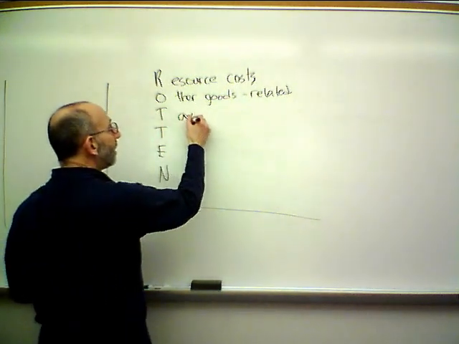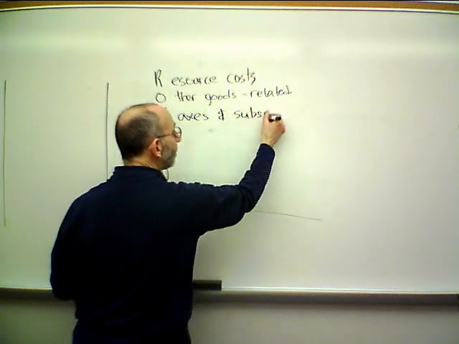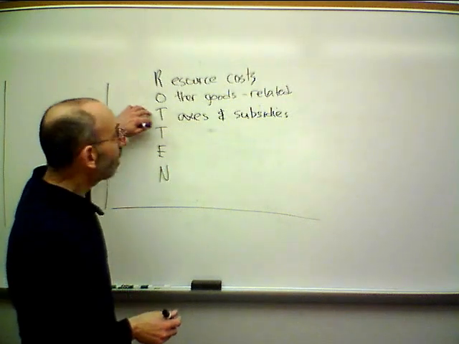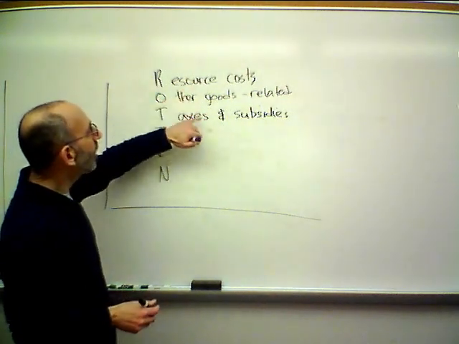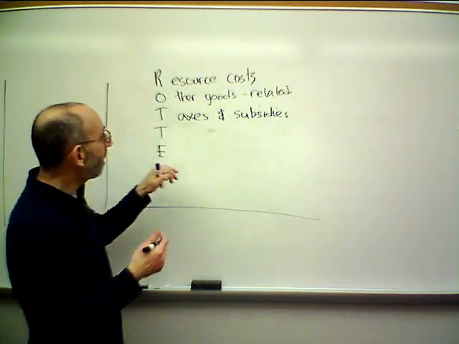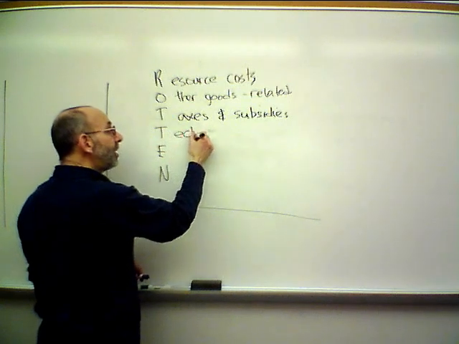T, taxes and subsidies, some books will call this something separate. Typically I don't, but it spells better to have the T in here. This would really be resource costs. Taxes and subsidies, it's like a cost to the firm, but we make it separate, and now we have a nice word called ROTTEN. This also is technology, the other T.